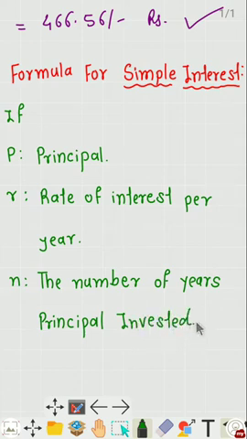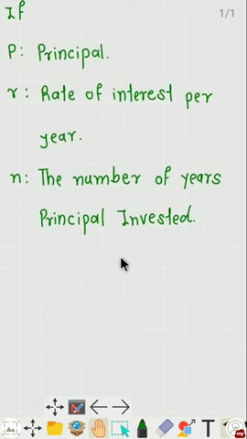Then the simple interest I on the principal P at the rate of R% for the period of n years is given by the following. Let us rewrite.